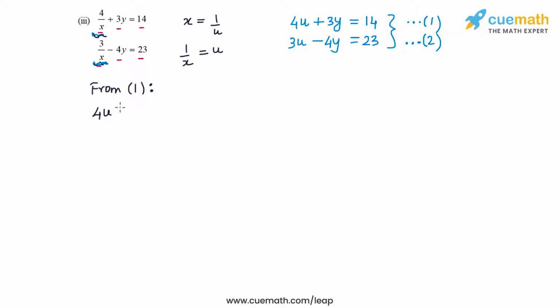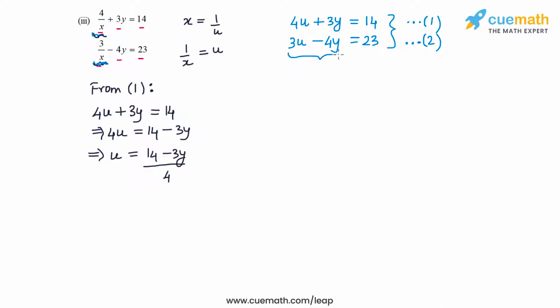So we have 4u plus 3y equal to 14, and from here we have 4u equal to 14 minus 3y, and hence u is equal to 14 minus 3y by 4. Now let's substitute this value of u in terms of y into the second equation.